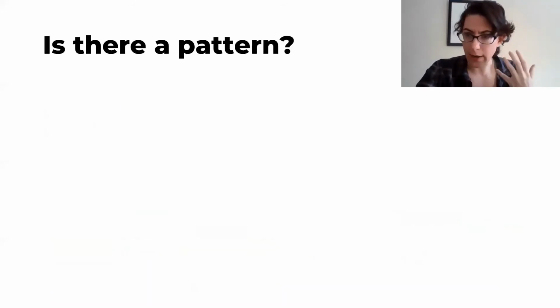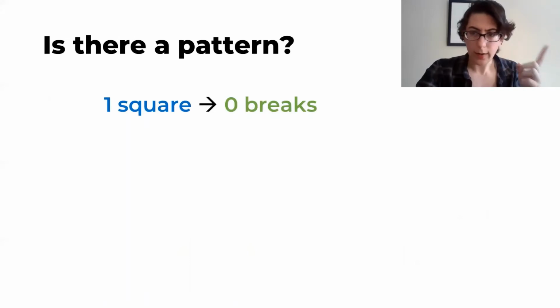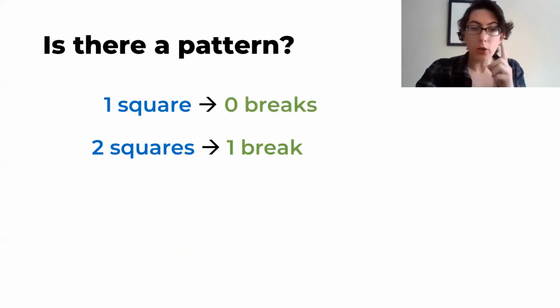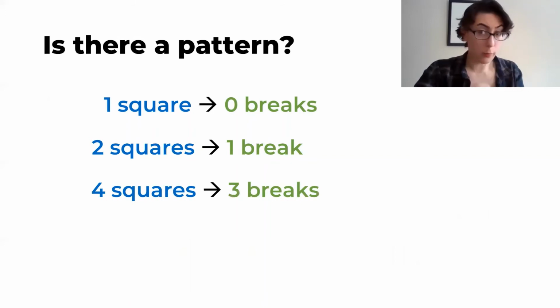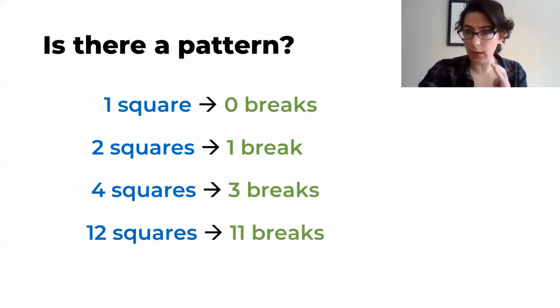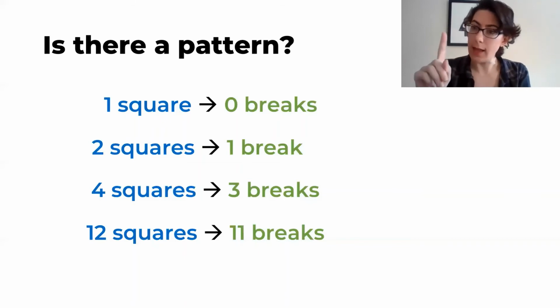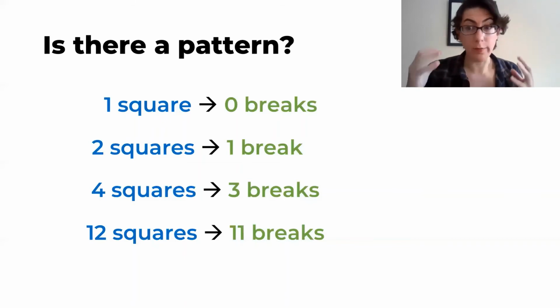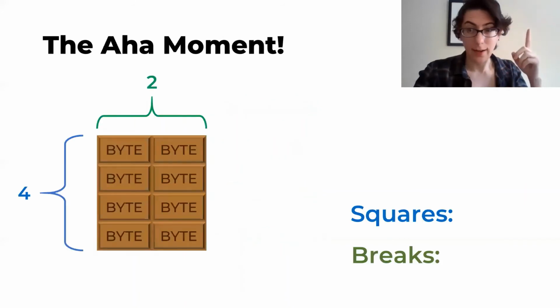Is there a pattern? 1 square, 0 breaks. 2 squares takes 1 break. 4, 3 breaks. 12, 11 breaks. I see a pattern. The number of breaks is always 1 less than the number of squares in the chocolate bar. It's an aha moment.